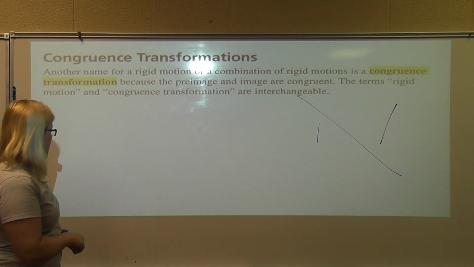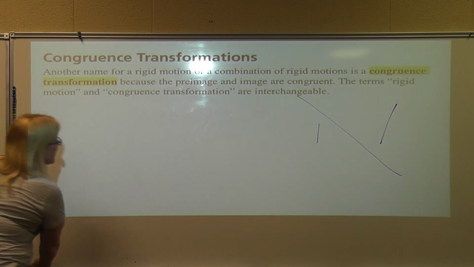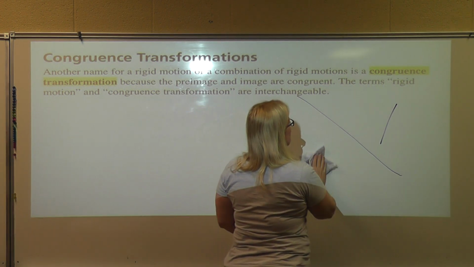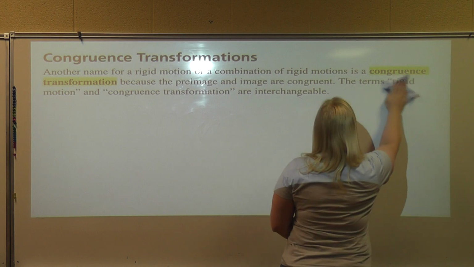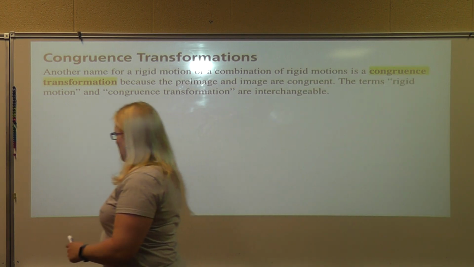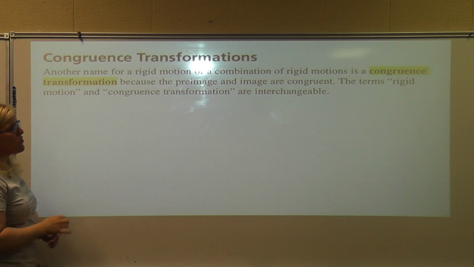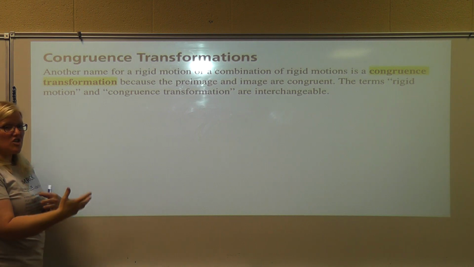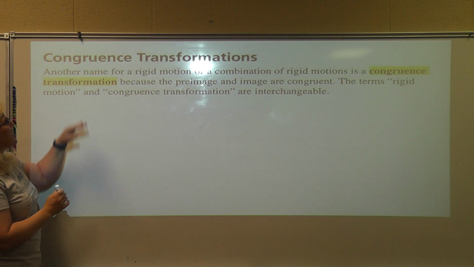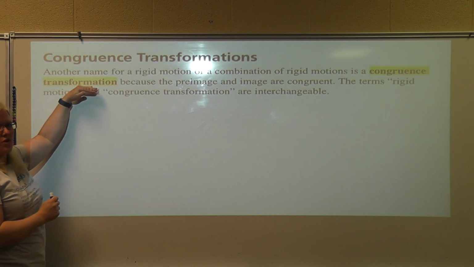Okay, so congruence transformations. This is basically just vocabulary. But I am going to read this. It says, another name for a rigid motion or a combination of rigid motions is a congruence transformation.